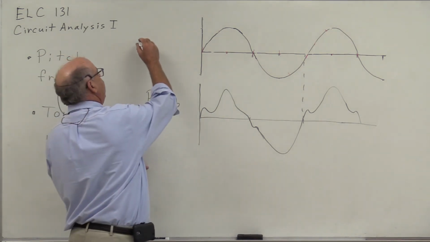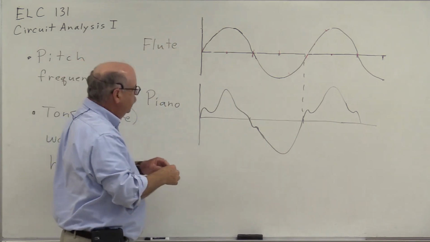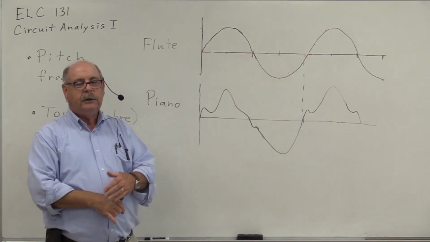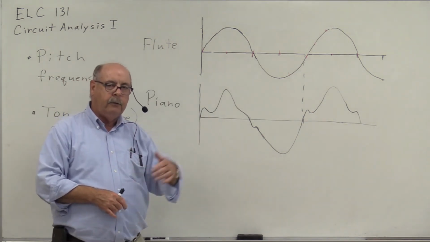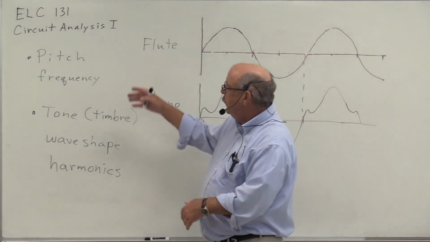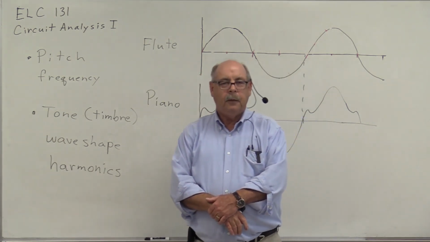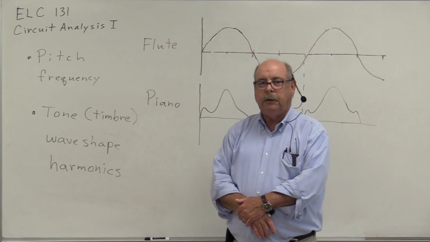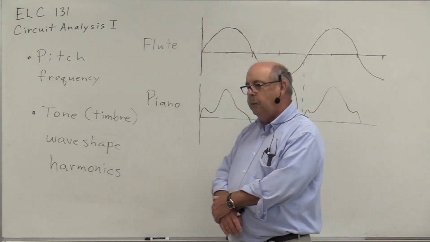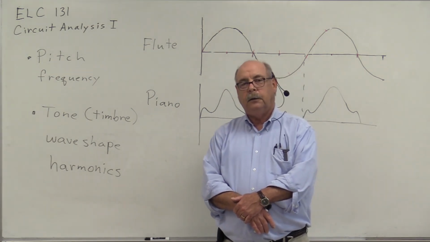Whereas when you play that same note on the flute, it will be essentially a sine wave because it's just air vibrating through a tube. So again, these terms: pitch is the frequency of the waveform, and timbre is the wave shape or the harmonic content of that waveform.